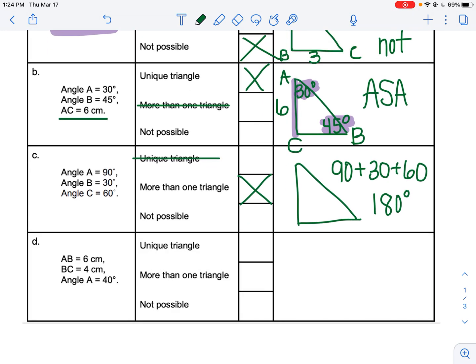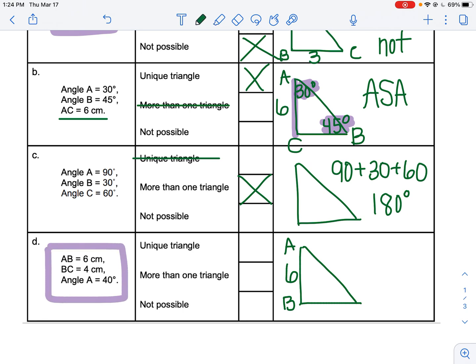All right, last one in these little practice examples, we draw our triangle in, and it's telling us that AB is 6 centimeters. Again, this information is coming right over here. It's telling us BC is 4 centimeters and that angle A is 40 degrees. Makes sense where everything is placed. I know I cannot have more than one triangle because there are not 3 angles given.